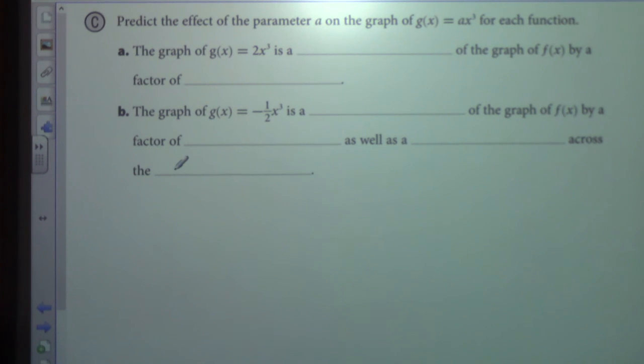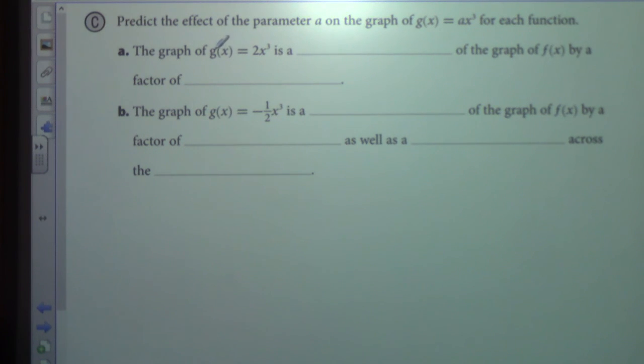And we did the same thing for the other types of functions, right? For the absolute value, for the quadratic functions, we did all that, right? Predict the effect of parameter a on the graph of g of x equals a x cubed for each function. The graph of g of x equals 2x cubed is a what of the graph of f of x by a factor of what?